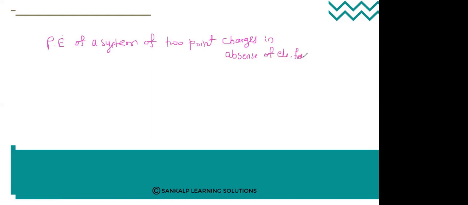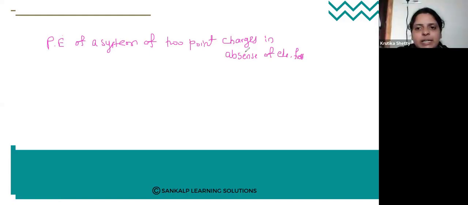Understand that we are doing two derivations here: one for the absence of the electric field, and one for the presence of the electric field.